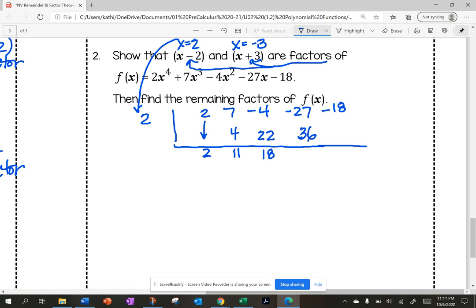Add down, I have 9. 2 times 9 is 18. Add down, I get 0. Okay, so to verify that x equals 2 is a 0, I'm looking for the remainder equals 0. So since my remainder equals 0, I have verified that x minus 2 is a factor.